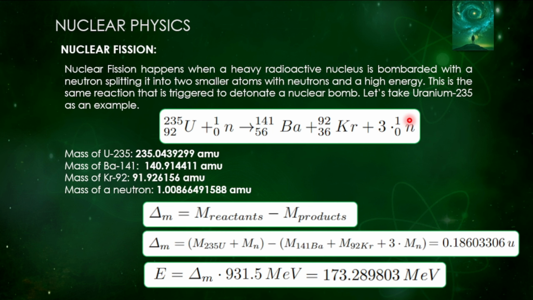Now, these 3 neutrons released will also go and come against other uranium nuclei, uranium atoms, triggering again a chain reaction, causing one fission after the other, generating a massive amount of energy.